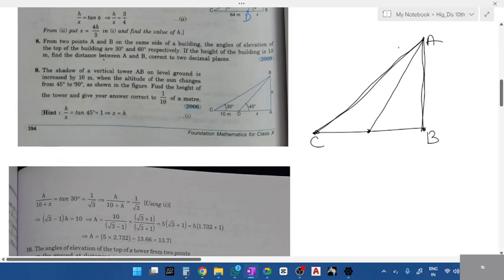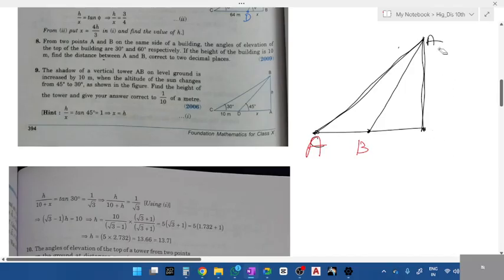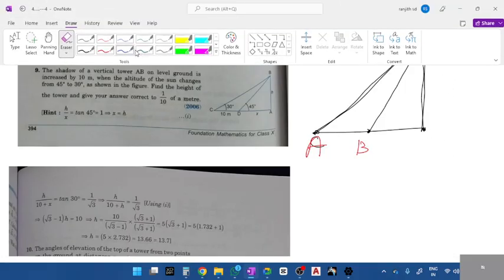So what they have told here is from 2 points A and B of the same side. So what I'll do, I'll take this as A, this as B, because they have mentioned from 2 points A and B of the same side of the building.